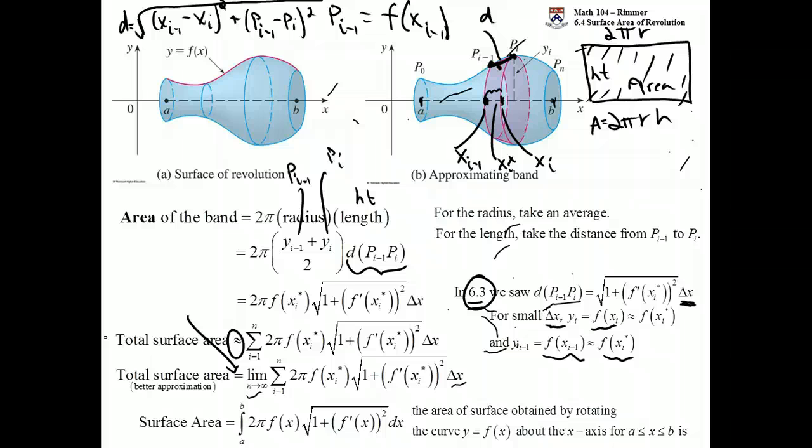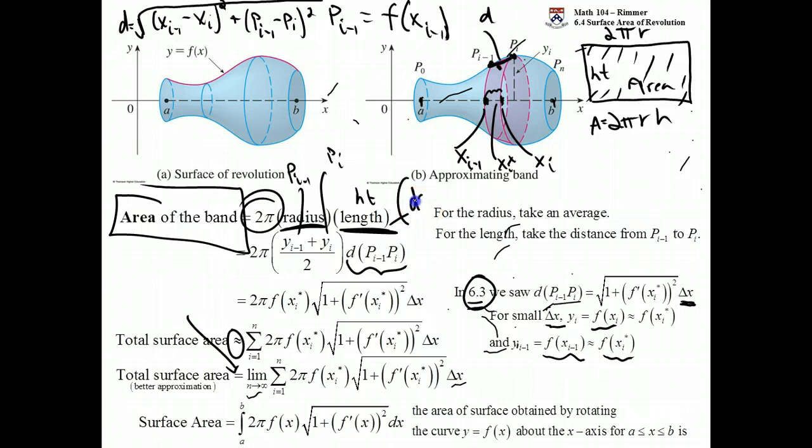But remember the setup here. The reason we derive the formula is so that you can understand what's behind it, and therefore you can apply it to any kind of situation that you're in. We want to find the area of a band and then take infinitely many of them, essentially. And the area of a band is going to be made up of 2 pi times the radius times the length. And now this length is going to be a piece of arc length. It's called ds.